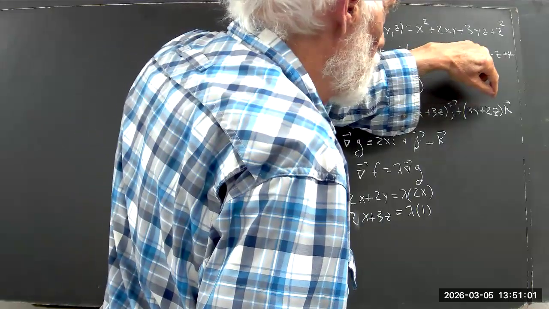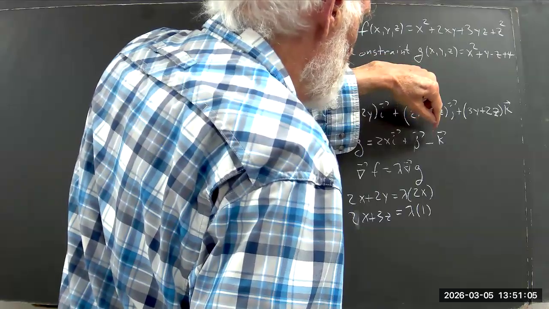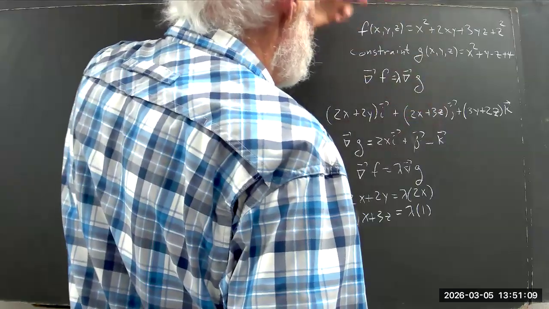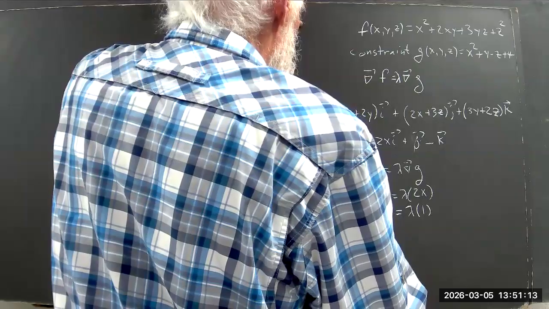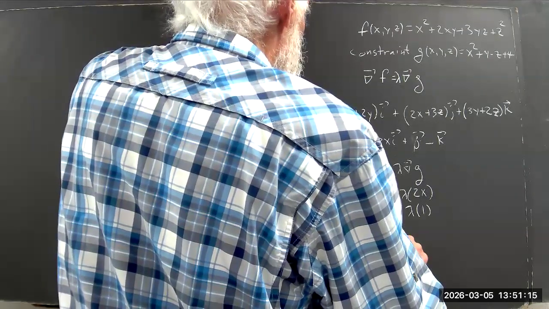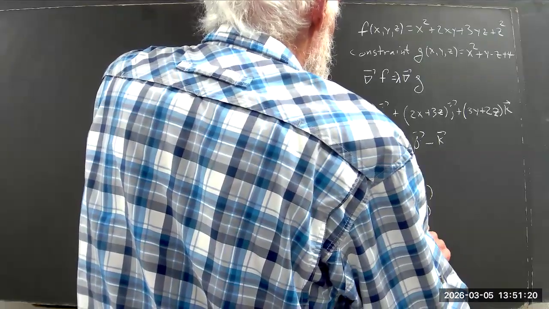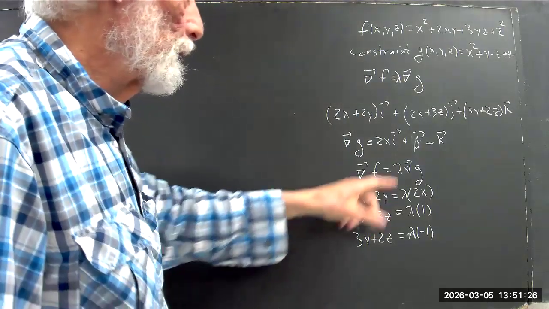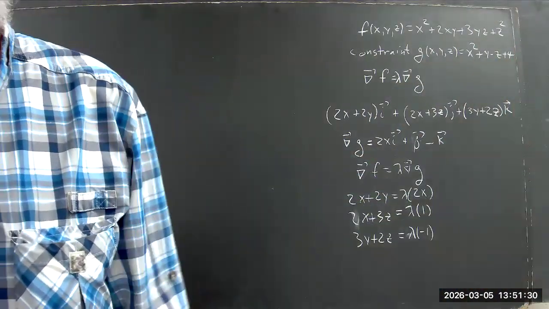And then 3y plus 2z is the k component of del F. It's lambda times the k component of del G here, which is negative 1. So you get 3y plus 2z equals lambda times negative 1. This is 3 equations and 4 unknowns, x, y, z, and lambda.